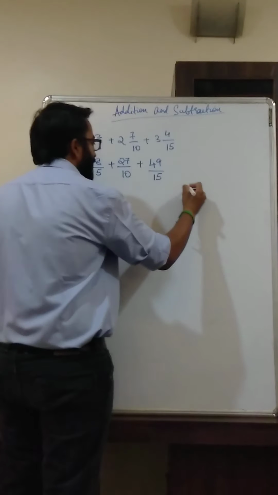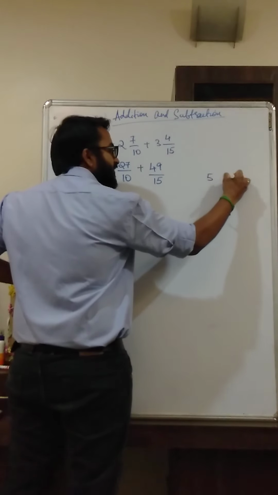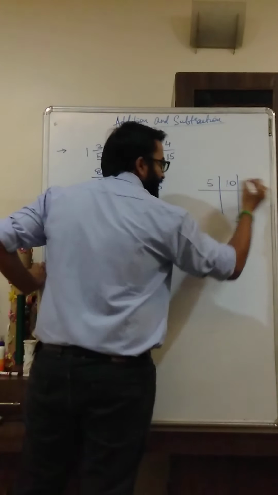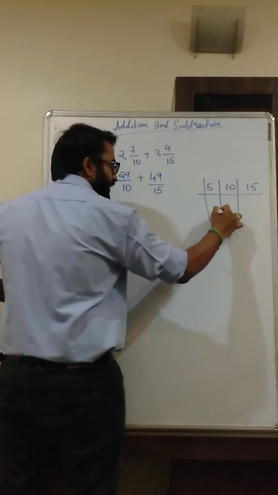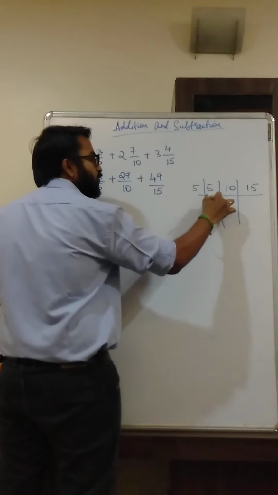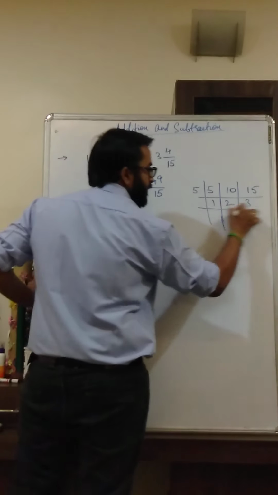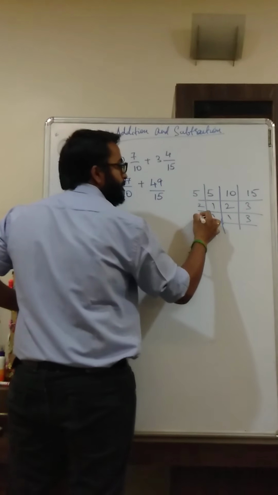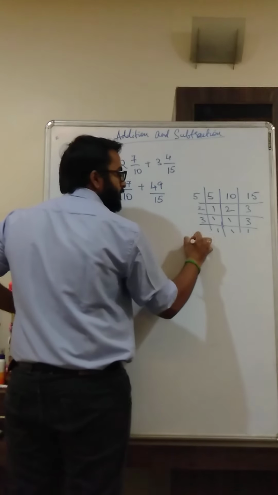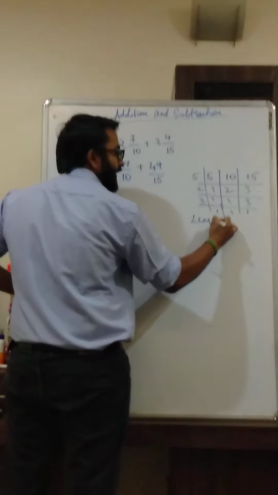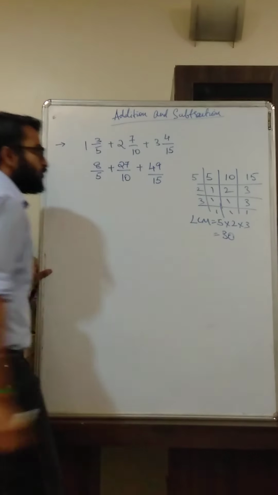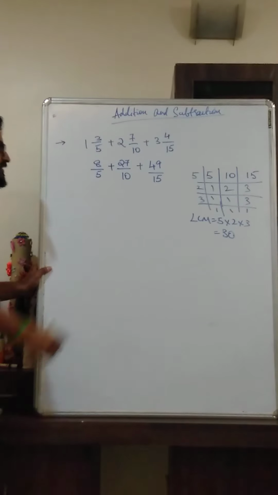Now LCM you have to take 5, 10 and 15. You have to make the common denominator. So you have to take LCM. So LCM again is 30. So LCM of 5, 10, 15 is 30.